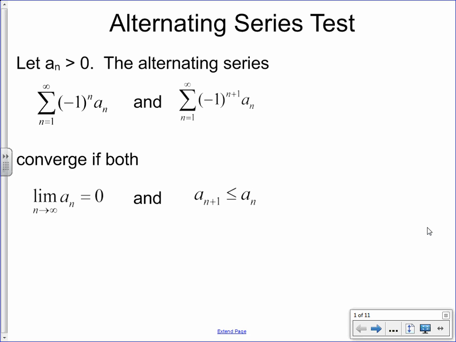Or we could look at the ratio of a sub n plus 1 to a sub n. If we're looking at a sub n plus 1 over a sub n, shouldn't that be less than one? Yes, I was thinking backwards. Okay, so there's the three ways.